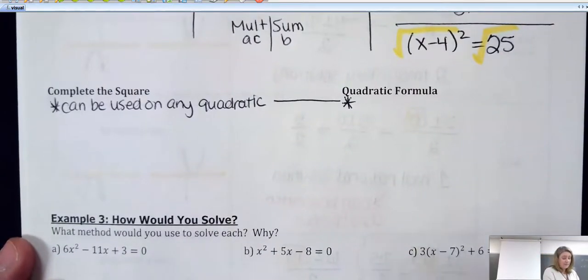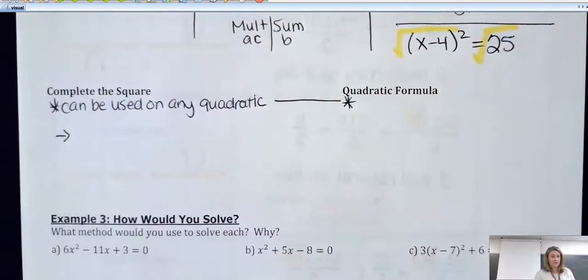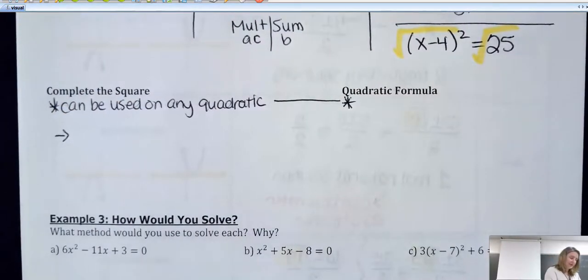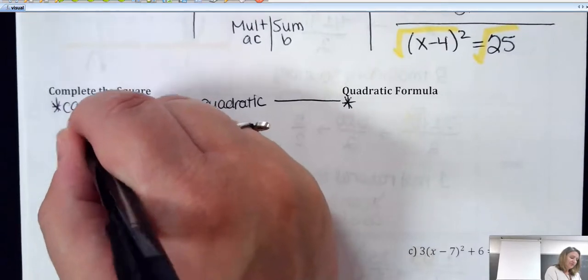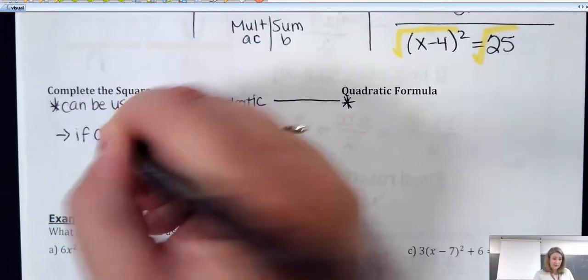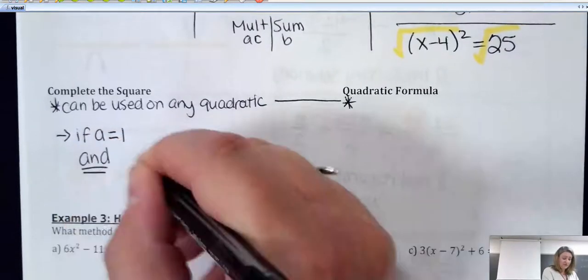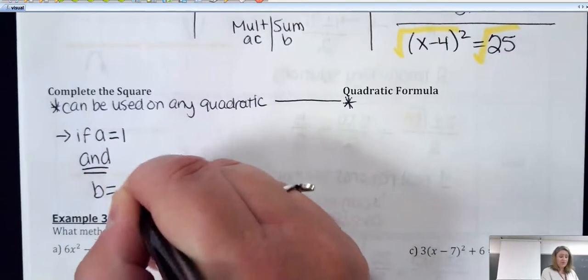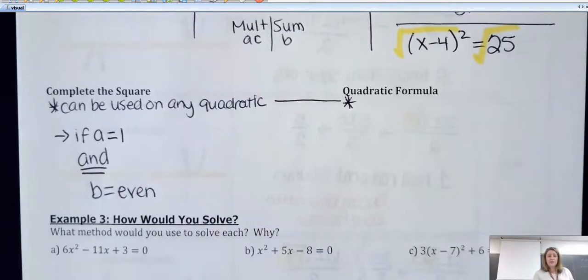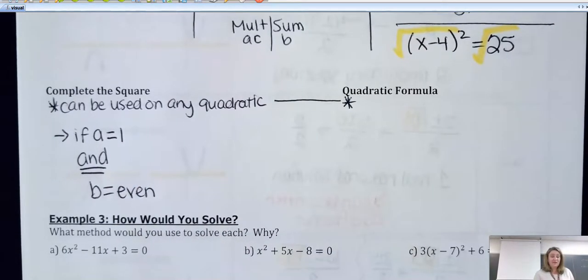So I would recommend, you can use completing the square on any quadratic, but I would recommend it if your a value is 1 and the b value is an even number. That is a really effective method. If a is not 1 or if b is odd, it's a lot trickier to do and you're going to deal with fractions, and there might be another method that would be easier.